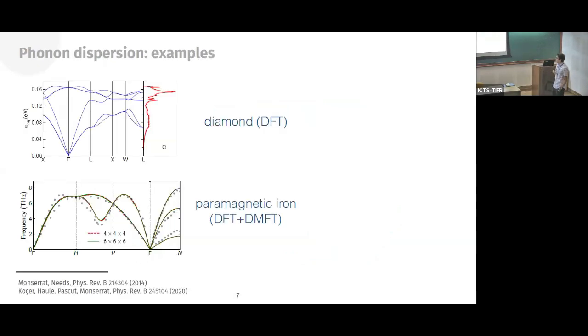So we can do these calculations for phonons in a wide range of materials using different methods. Here at the top, I have an example of diamond, which is a well-known, very simple material, where doing a DFT phonon calculation gives you good results. At the bottom, I have a slightly more complex one, which is high-temperature paramagnetic iron, which DFT struggles somewhat to get because the paramagnetic state is difficult to capture in DFT, but one can use something like DFT plus DMFT to describe the electronic structure and then again calculate the phonons for those.